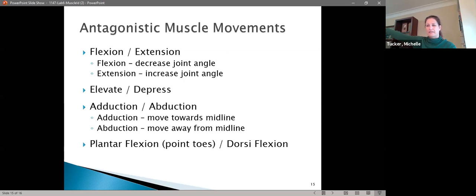And then adduct, to move back down, is to move towards the midline. There are 4 movements that actually refer to feet only: plantar flexion, dorsiflexion, inversion, and eversion. Plantar flexion is pointing your toes, that's going to be gastrocnemius and soleus. And then dorsiflexion is tibialis anterior, pulling those toes back.